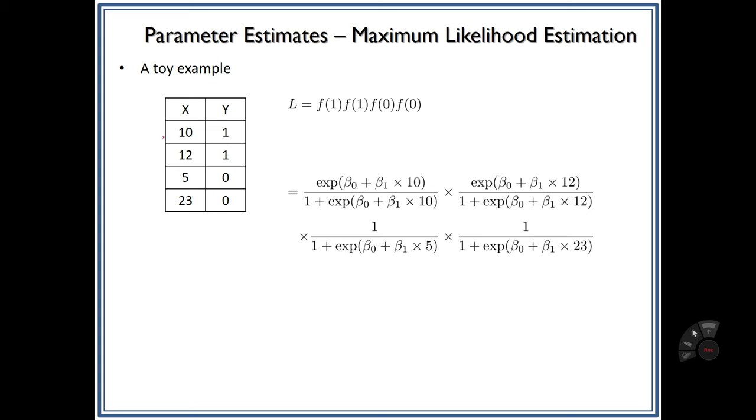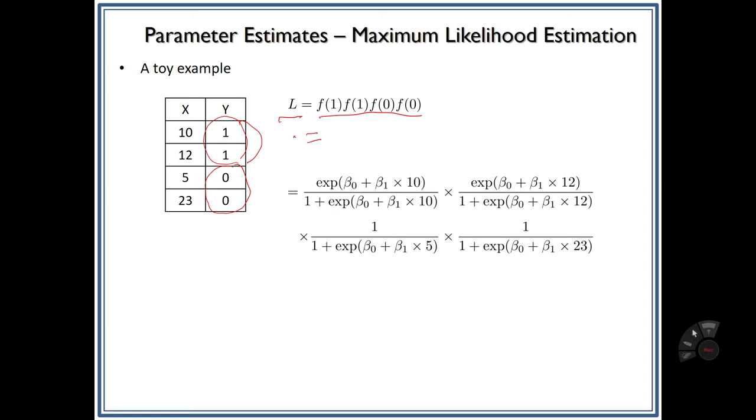In this example, there are 4 observations, 4 records, 4 rows, and among those, the first 2 observations have 1 on the y variable, and the last 2 observations have 0 values on y. Then the likelihood function becomes this one, the multiplication of the probabilities, right?